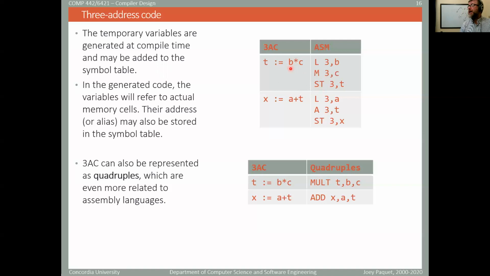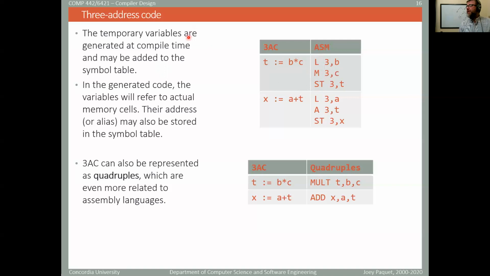So eventually you're going to have to abide by the syntax and execution mode of your assembly instructions. Depending on what assembly language you are generating code for, you're going to have to translate that into some of the assembly language instructions.